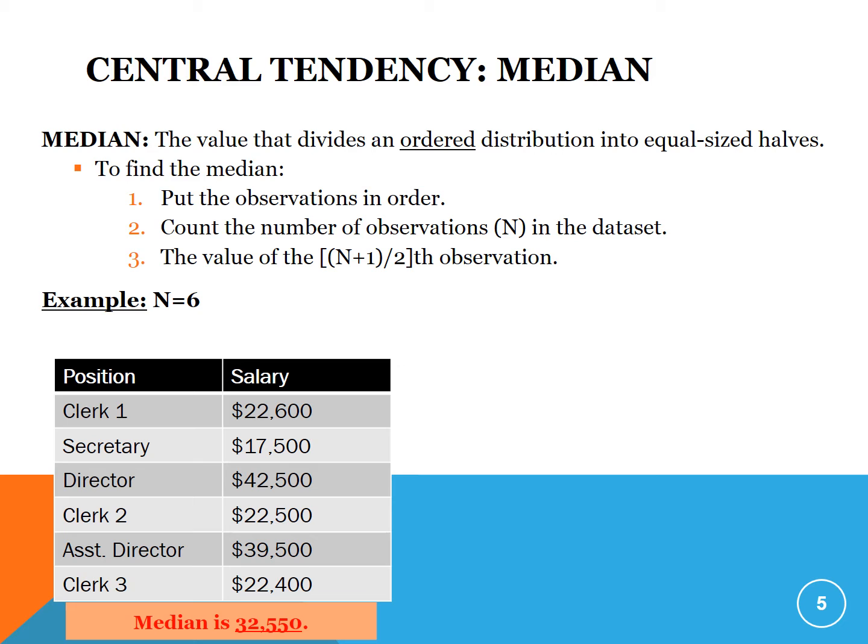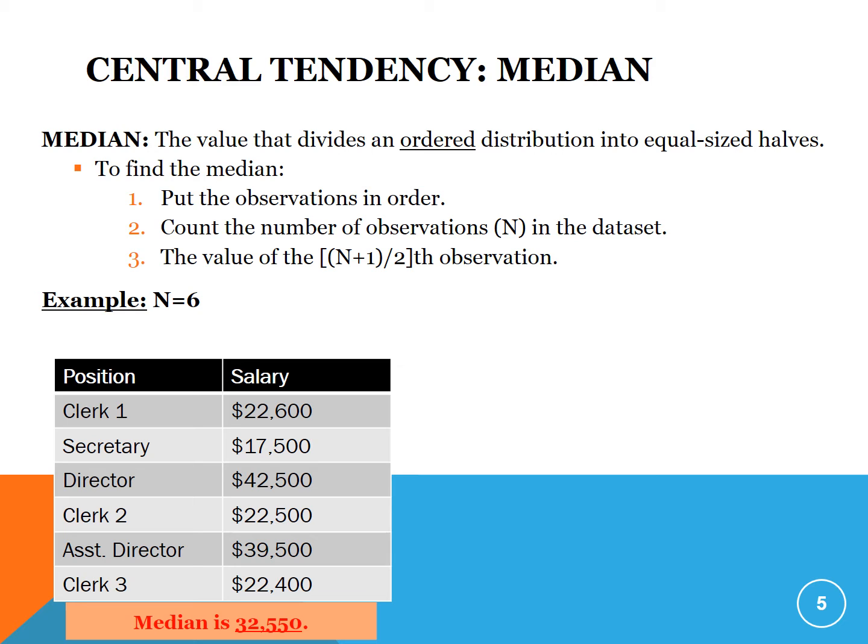So, now that we have that value, we want to count down to 3.5. So we would start with clerk and say that's the first observation. Secretary, second observation. Director, third observation.